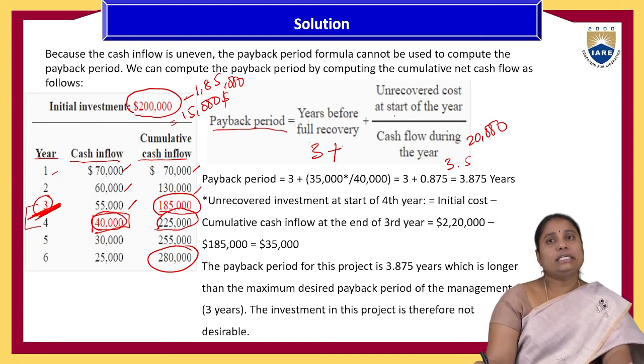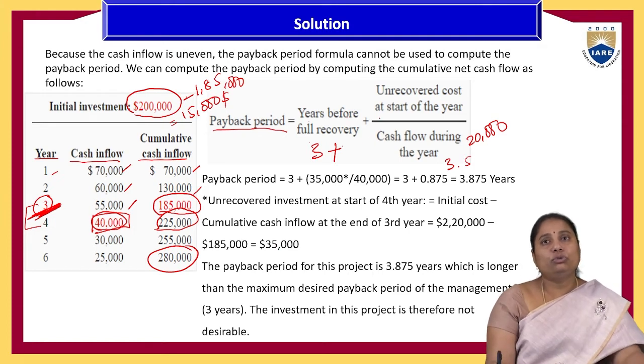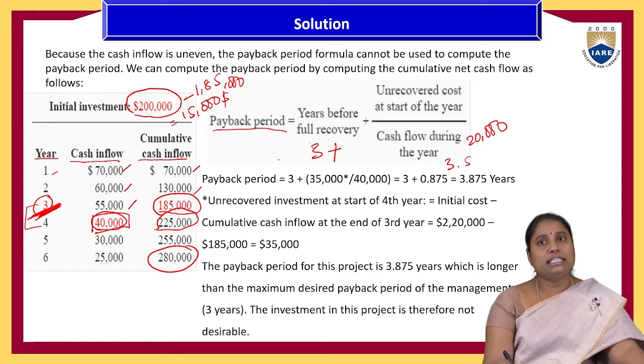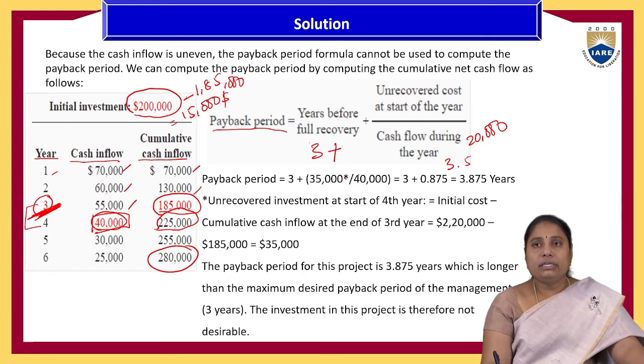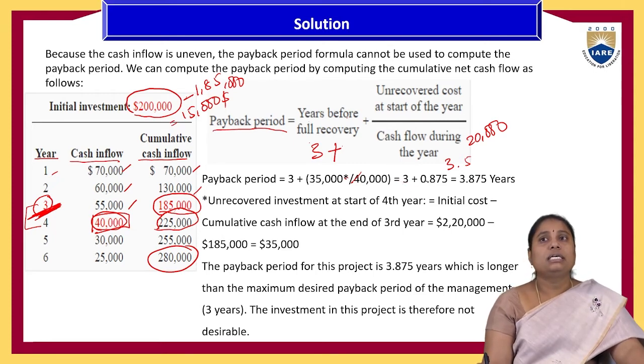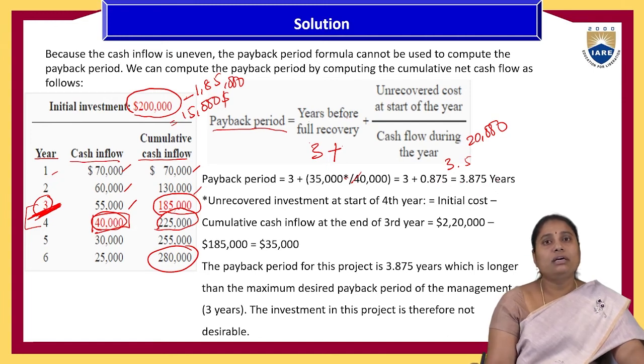We do that calculation using the formula: payback period equals 3 plus 35,000 divided by 40,000, that is 3 years plus 0.875, which is 3.875.